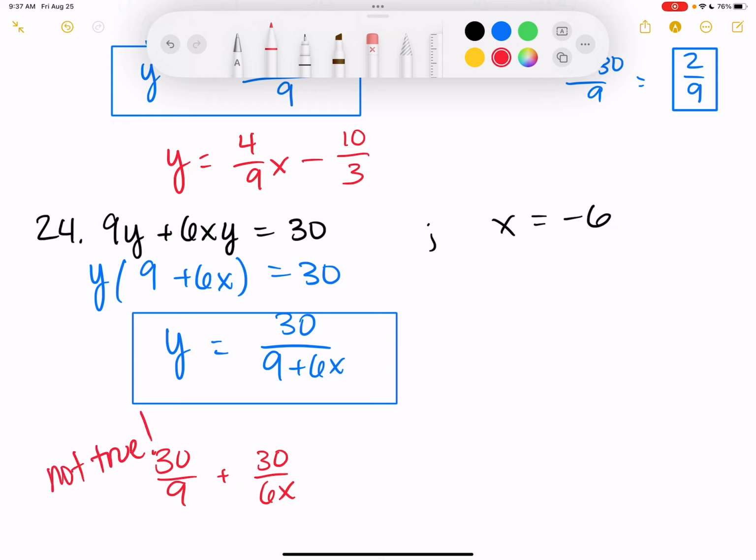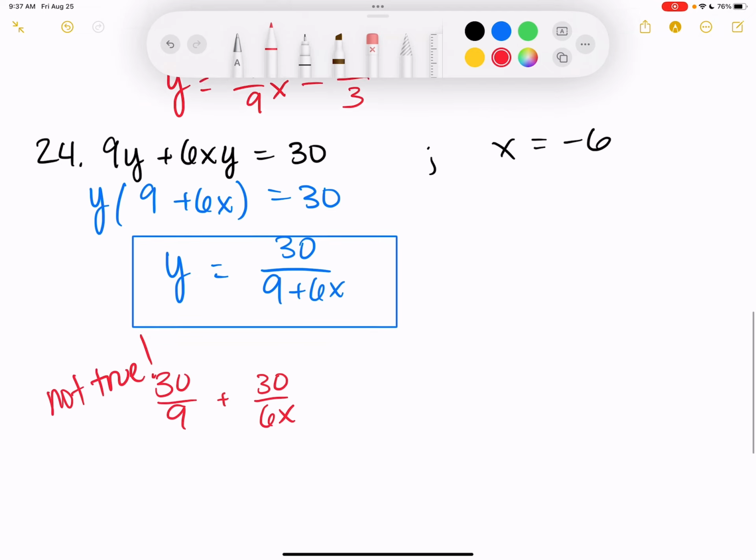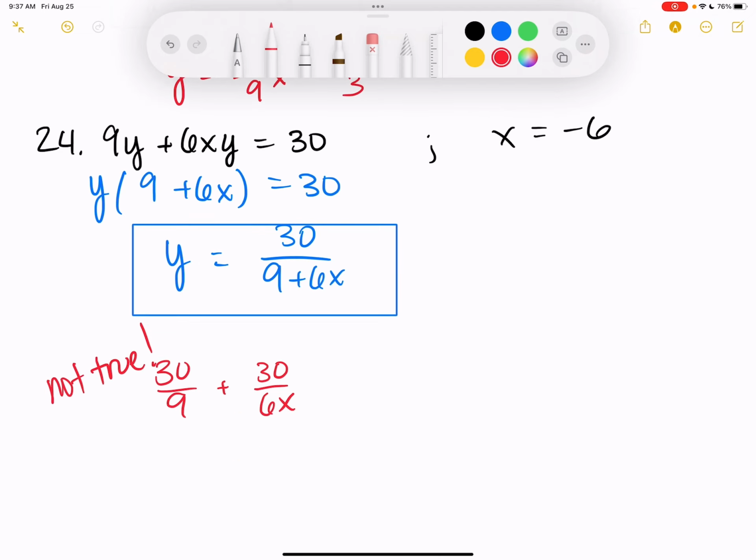We cannot split the denominator up. The numerator we can. In this previous problem, we could split it because it had one thing in the denominator and there was stuff in the top. When it's reversed, we cannot do that. That's a really common mistake. People start trying to split stuff and that's not true. So don't do that.